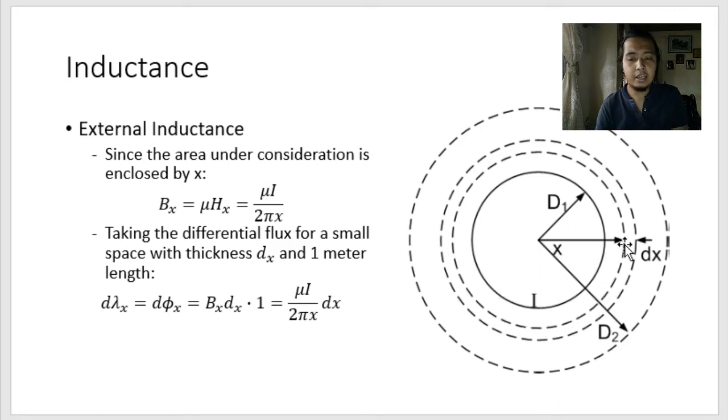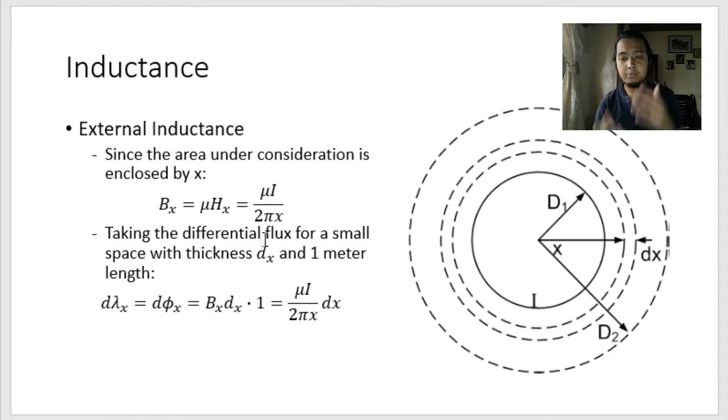Okay, then let's define. So from your mu H, makukuha pa rin natin si magnetic flux density as mu I over 2 pi x. The same derivation sa ginawa natin on internal inductance. If you get the differential flux for a small space with a differential thickness, and a meter length, again, this is just 1 meter, the same dun sa ating internal inductance.